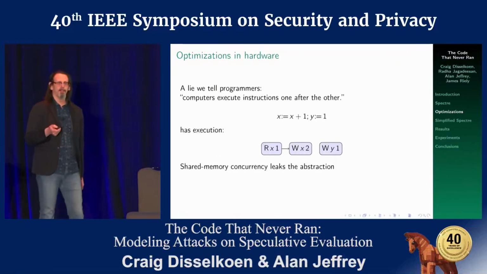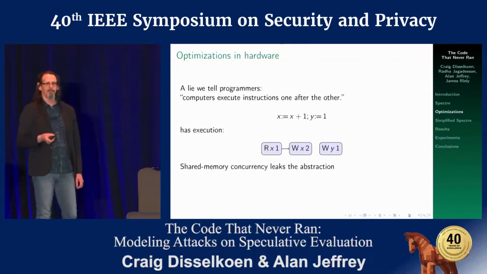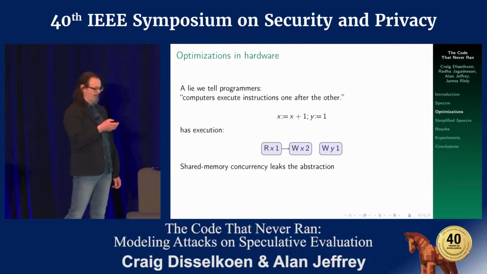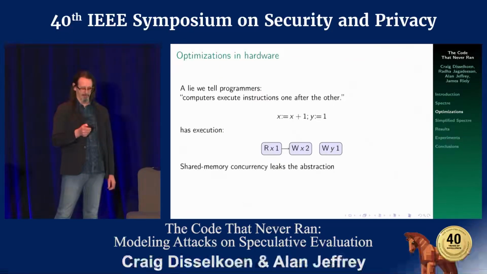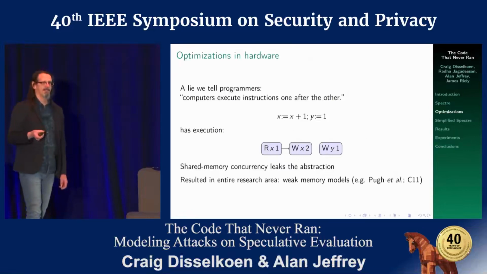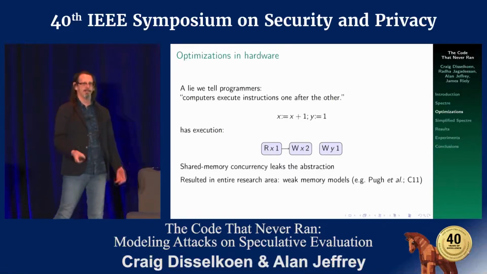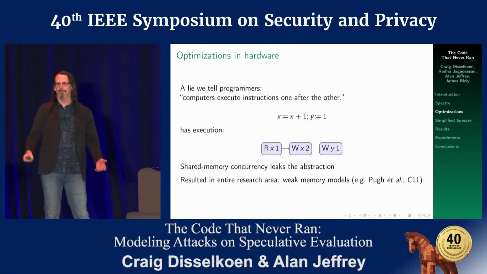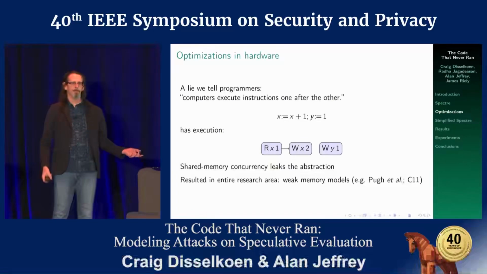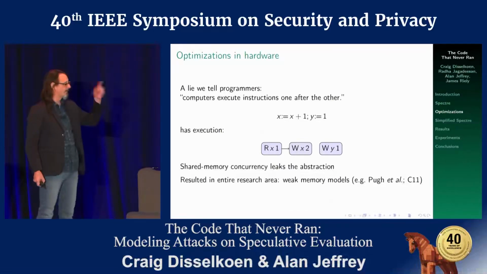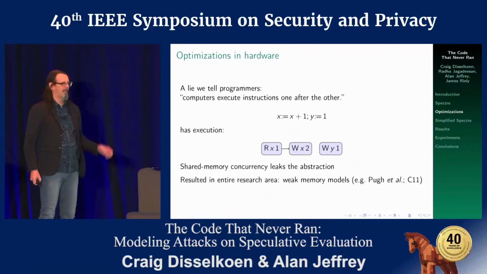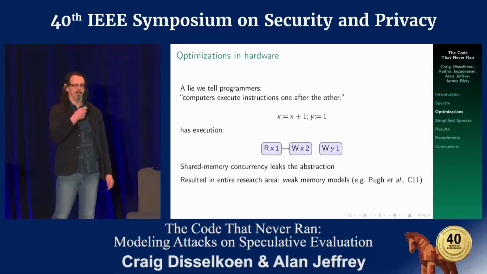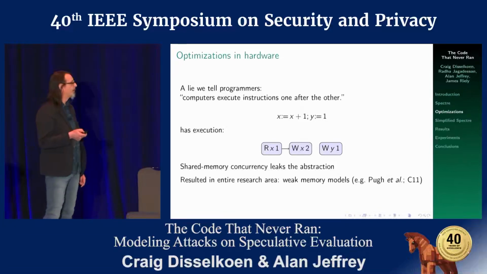So for quite a while, every model of programming languages was based on sequential consistency. But unfortunately, the instant you've got shared memory concurrency in, this goes out the window. And that's resulted in an entire cottage industry this century of people developing weak memory models, kicking off with the Java memory model by Pugh et al. in about 2005. And C11 has a very similar style of model.